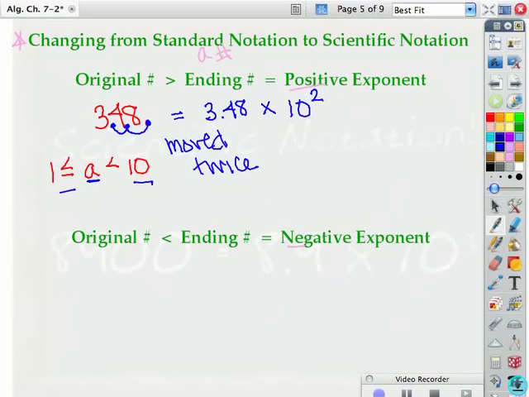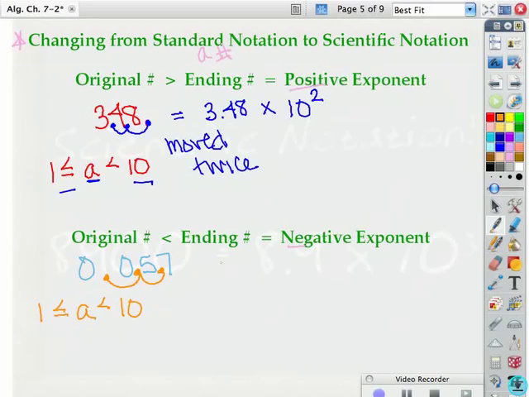Your other option is that you have the original number smaller than the ending number. An example here would be if I were to give you 0.057. If we wanted to change that to scientific notation, remember that it must be between 1 and 10, but not equal to 10. We take this decimal point, we move it over 1, and then 2.